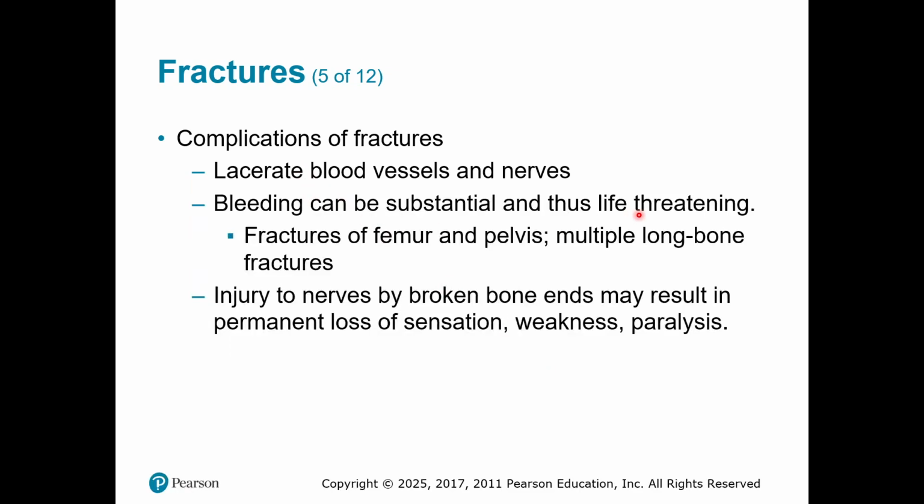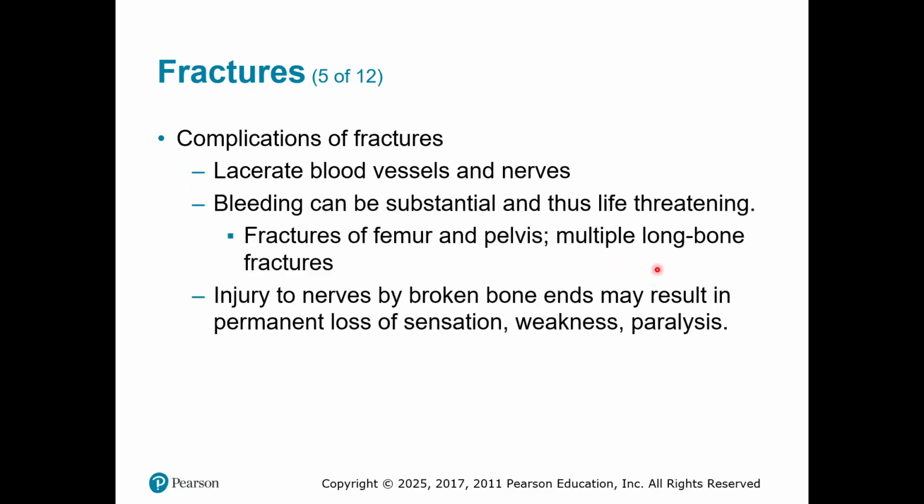So, complications of these fractures: well, blood loss, lacerated blood vessels and nerves. Bleeding can be substantial and life-threatening. Fracture of a femur or pelvis, or multiple long bone fractures. So if you have bilateral femur fractures, that's quite a bit of blood loss.